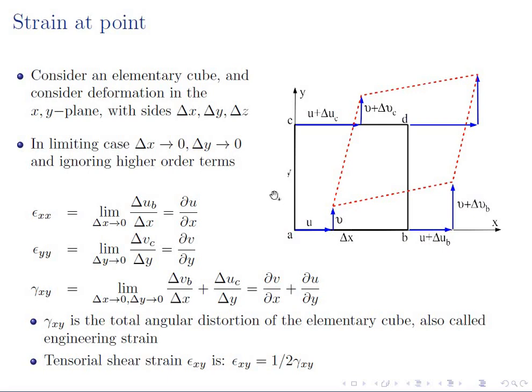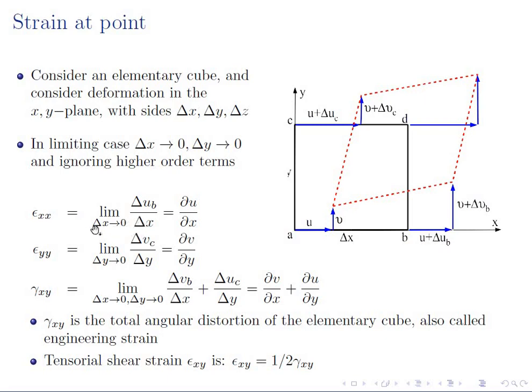In the limiting case that delta x and delta y tend to 0, strain in the x direction is defined as the change in the length of the segment AB divided by the original length of the segment AB. That is, the change in length of the segment AB is delta ub, and the original length of the segment AB is delta x.